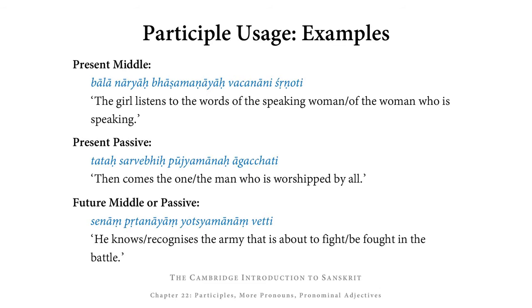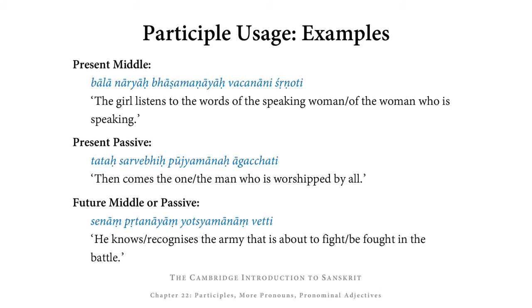Then a participle that could be either future middle or future passive. Senāṃ pṛtanāyāṃ yotsyamānāṃ vetti. Vetti means he knows. Senām, the army. And this is the army that is yotsyamānām, that is about to fight. Pṛtanāyām, in battle. This could, however, also be: he knows or he recognizes the army that is about to be fought in battle.